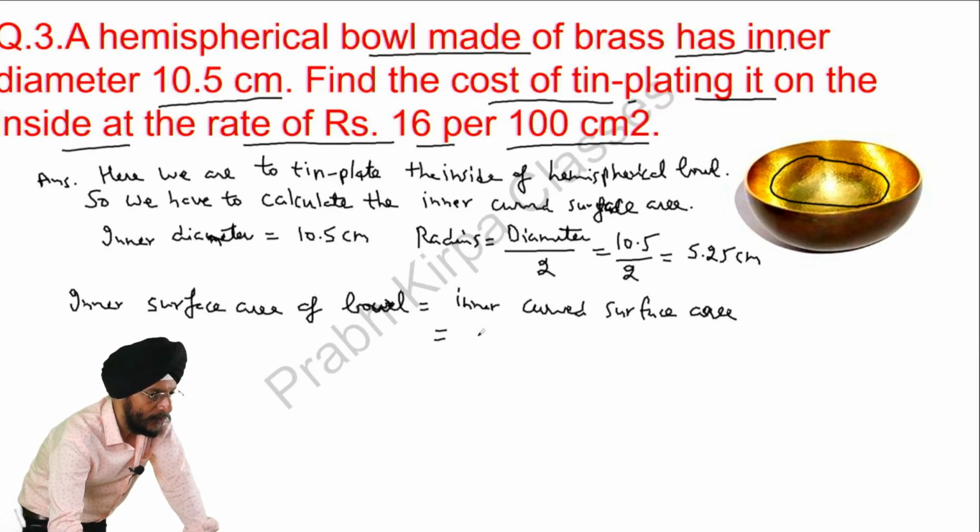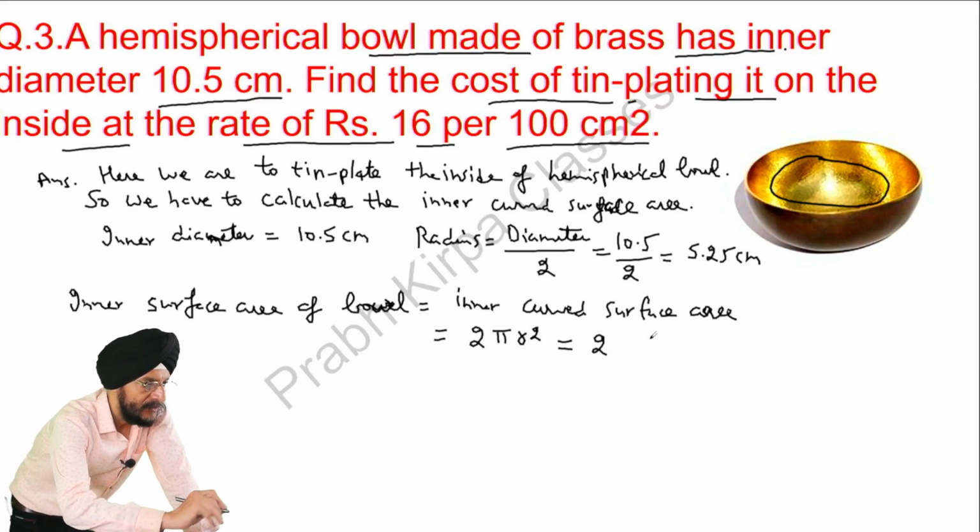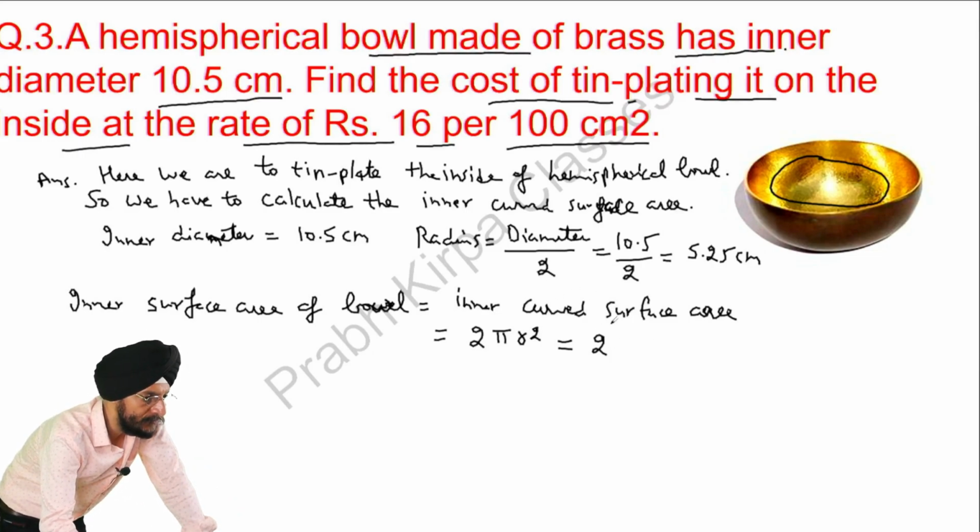How can we calculate the inner curved surface area? We know that the formula for this round surface is 2 pi r square. We will here feed the relevant values. What is the value of pi? It is 22/7. What is the value of r?